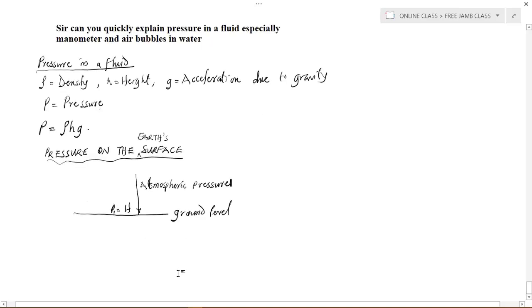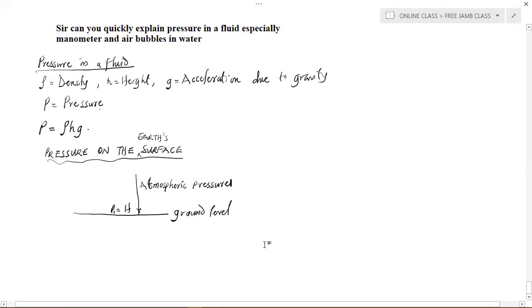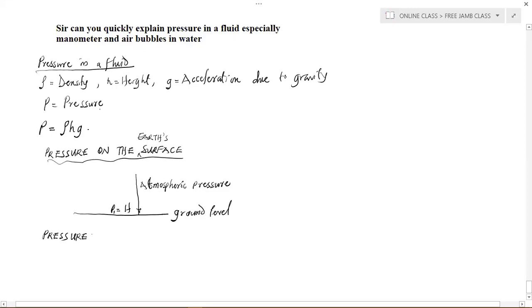Now, the second thing is pressure above the ground level. So we have pressure above the ground. Above the air surface, same thing as above the ground level. Is that okay? You take the air surface to be the ground level. It can also be water surface, no problem.